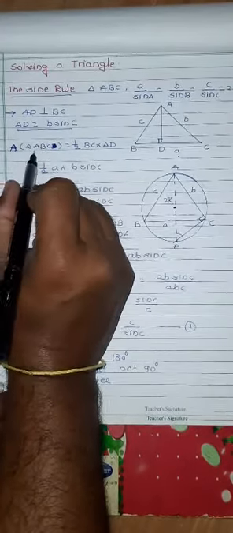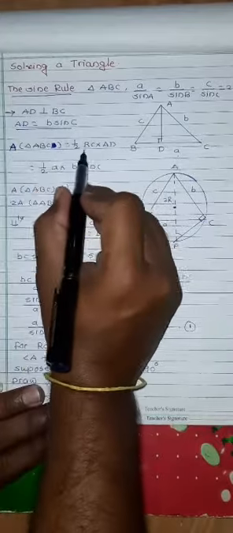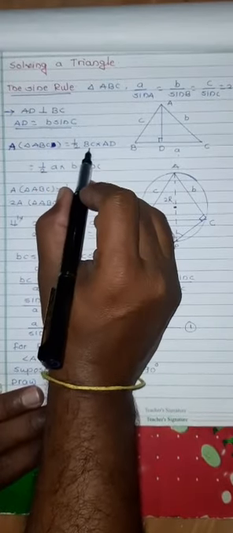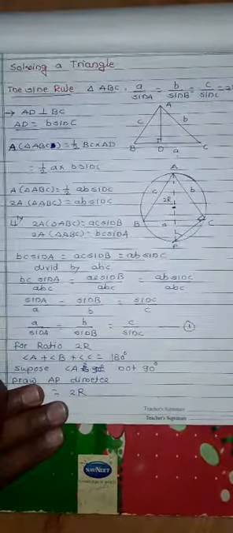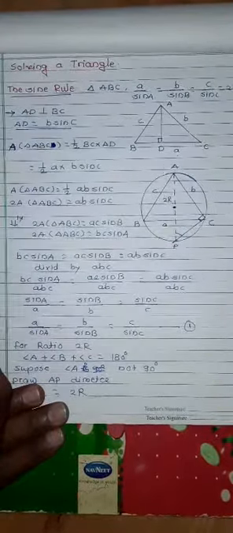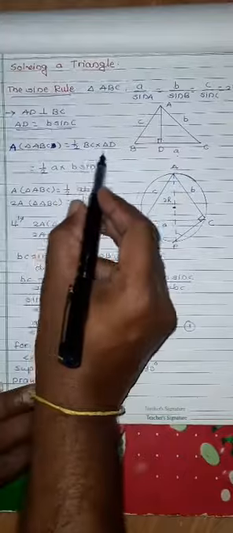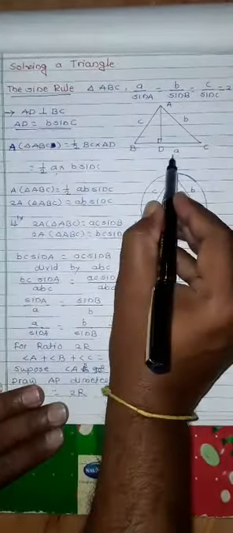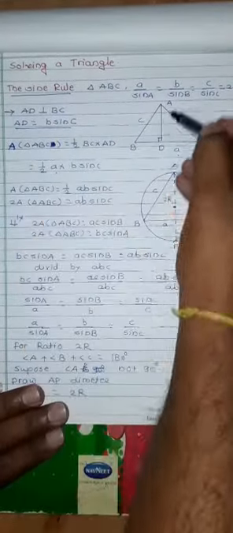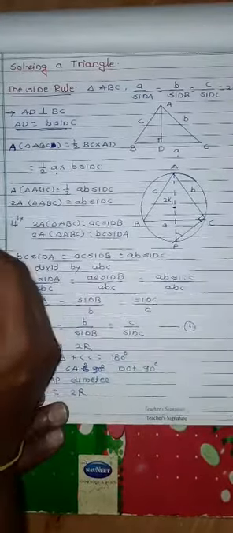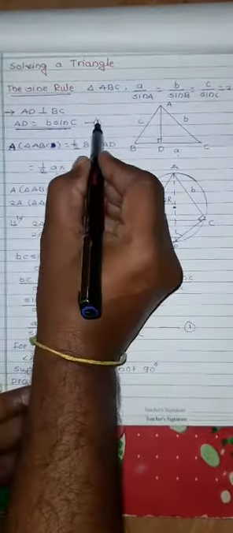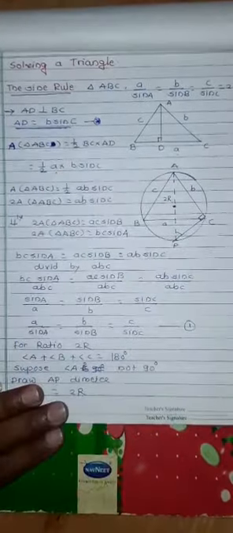Now, the area of triangle ABC is nothing but half of BC times AD. Put the value of BC, which is a here, and AD is nothing but b sine of C, from this star equation.